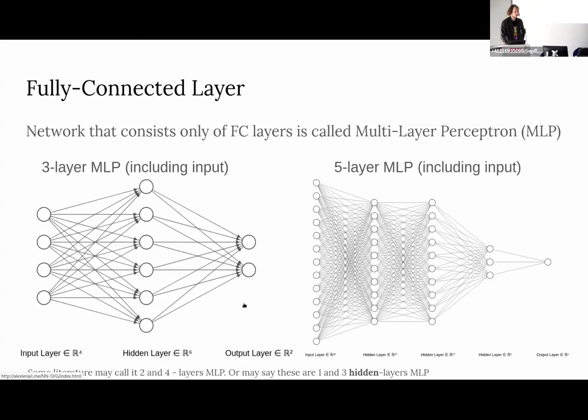However, others will say there are only 2 layers, because there is only one set of arrows and a second set of arrows. So it's up to you. Just be consistent, and maybe it's better to write that we have 2 fully connected layers. It would be clearer than saying 3-layer MLP. This is an example of a 5-layer one.